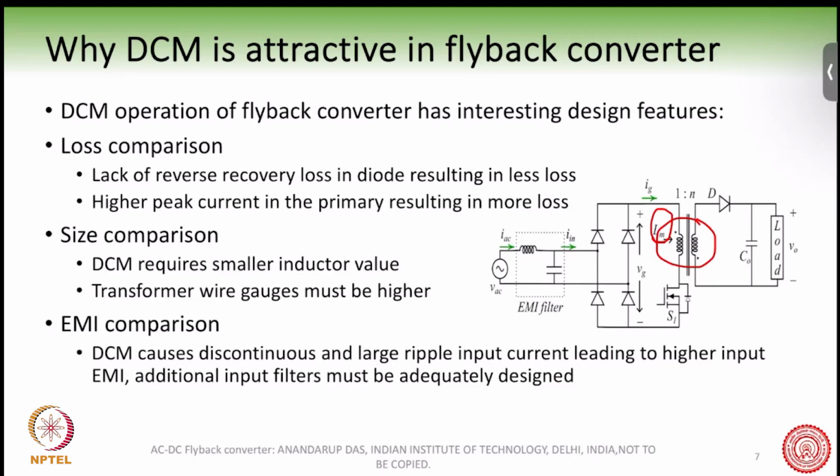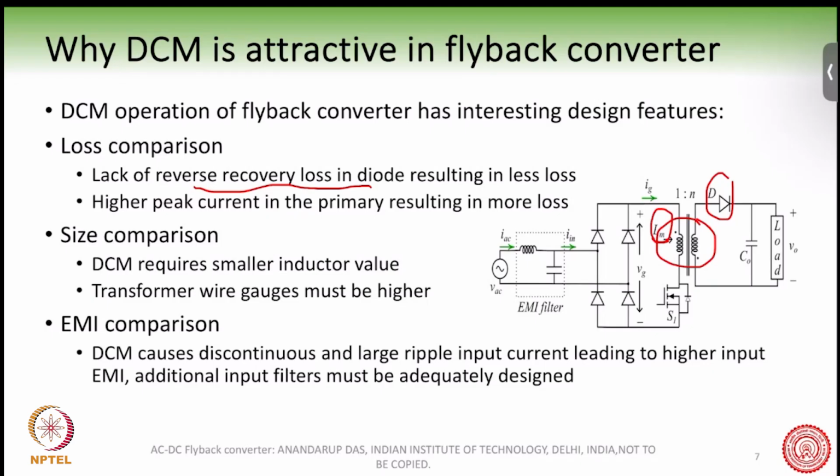Now, when you operate the flyback in DCM, there are certain plus points and certain minus points. What are the advantages? One of the advantages is that there is a lack of reverse recovery loss. I mean, the diode current here, you will see the operation, but the diode current here will go to zero and then it will turn off.